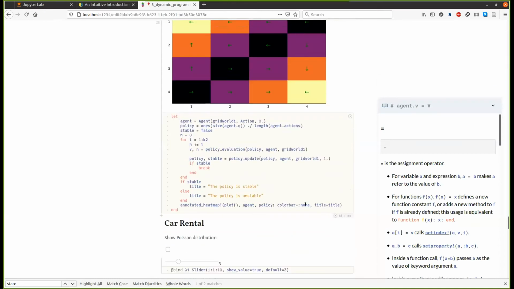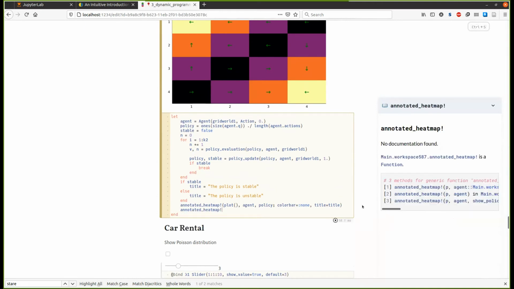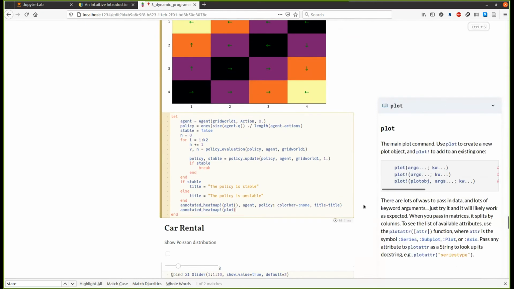I can just show the values associated with this policy, and you will see that those values are already stable values.